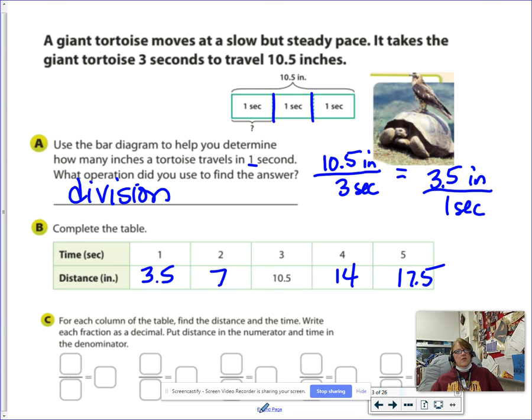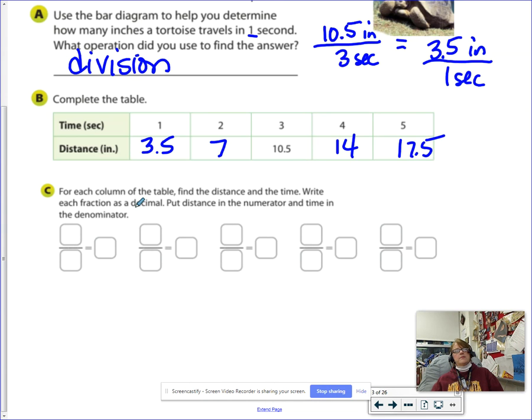17.5. Okay, now I may have jumped ahead a little bit, but it says for each column of this table, so these two numbers, these two, these two, find the distance and time and then write each fraction as a decimal. Put the distance in the numerator.